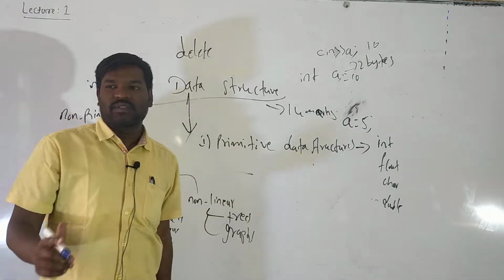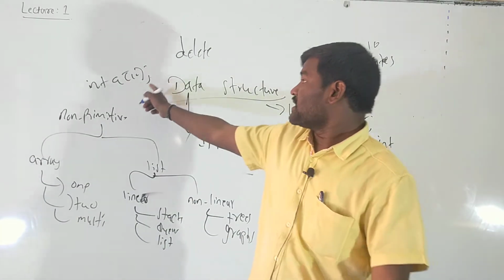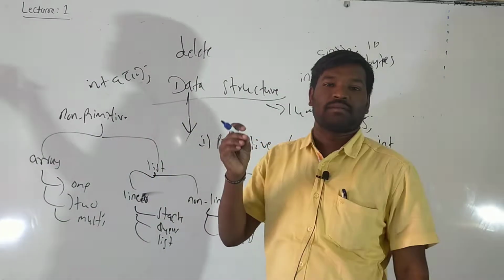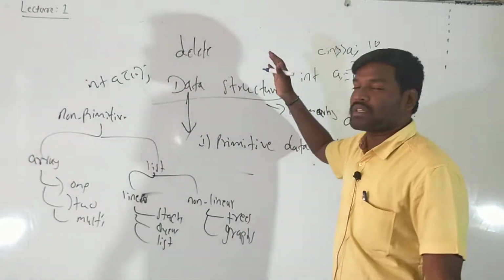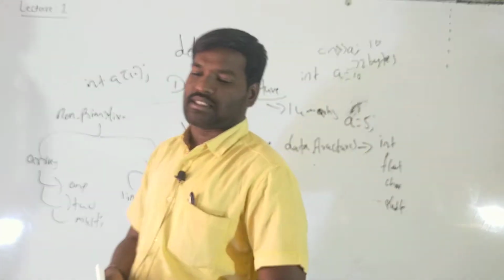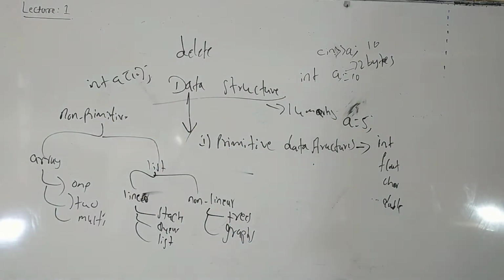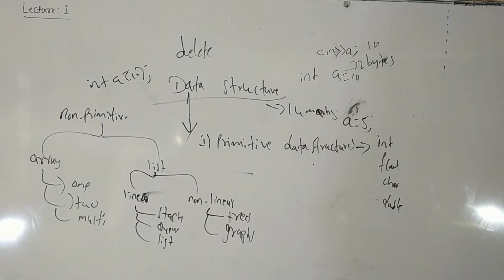Int a means you can store only a single value. Here int a of 10 means maximum you can store 10 integer values into a, which is derived from the primitive data structures. So non-primitive data structures are the data structures which are derived from the primitive data structures.